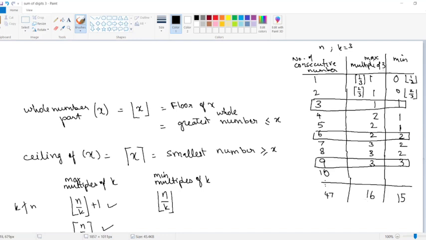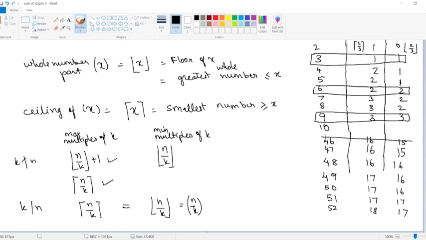And for 48, this will be 16, 16, right? Correct, because it's divisible. And for 46, this will be again 16, 15. Correct. And for 45, it will be 15, 15. Correct.